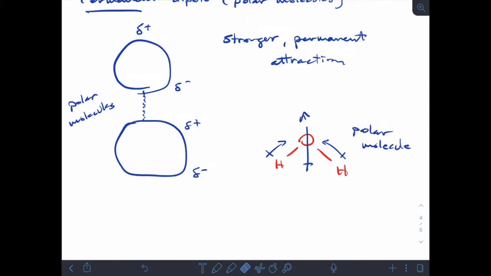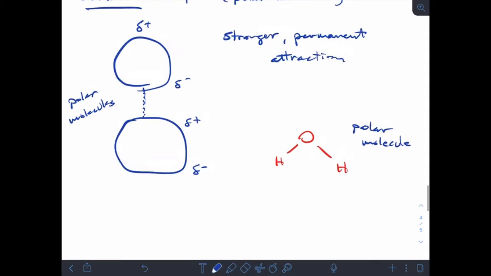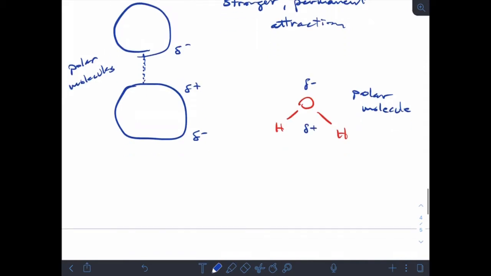So if I have my water molecule here, I'm going to have a negative end and a positive end. So if I have another water molecule nearby, also with its negative end and its positive end, I'm going to have an attraction, resulting from polar molecules. That's super, super important. Polar molecules can do this.